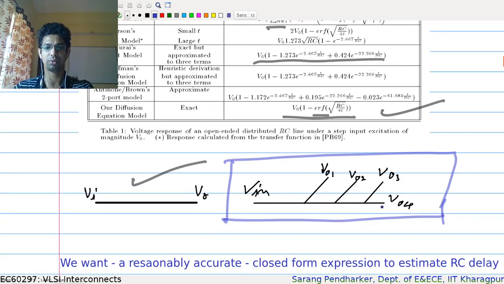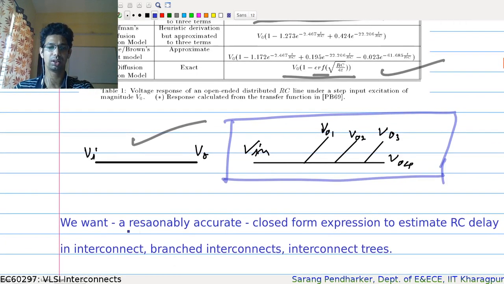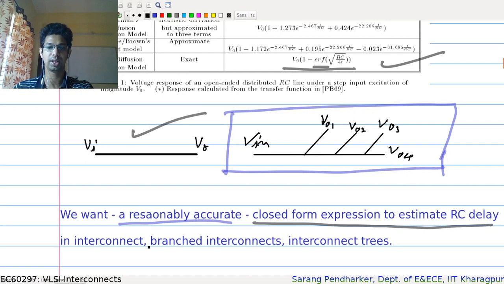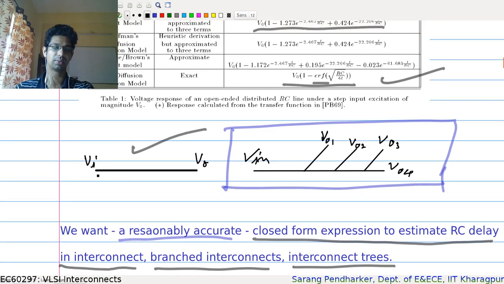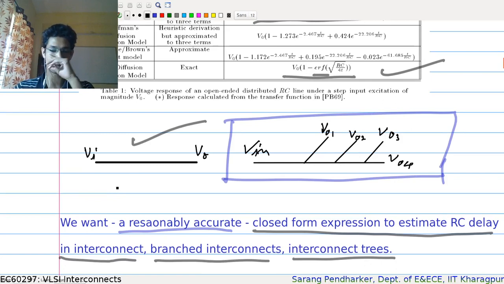So what we want is a reasonably accurate and closed form expression to estimate the RC delay in branched interconnects and interconnect trees. If I have something for a simple interconnect, that is not enough, because my actual connections are a lot more complicated.